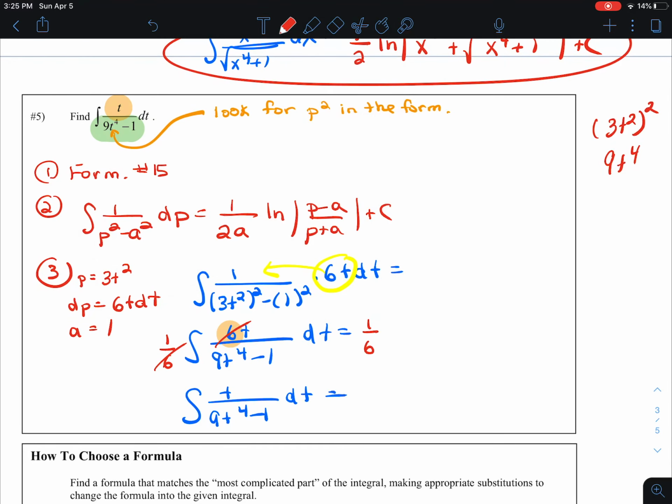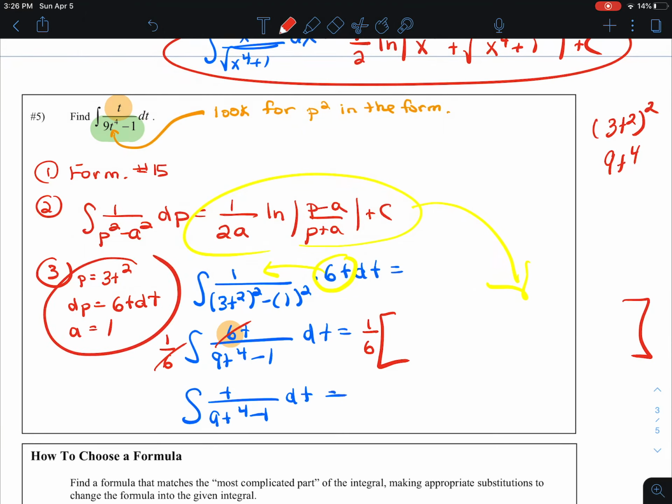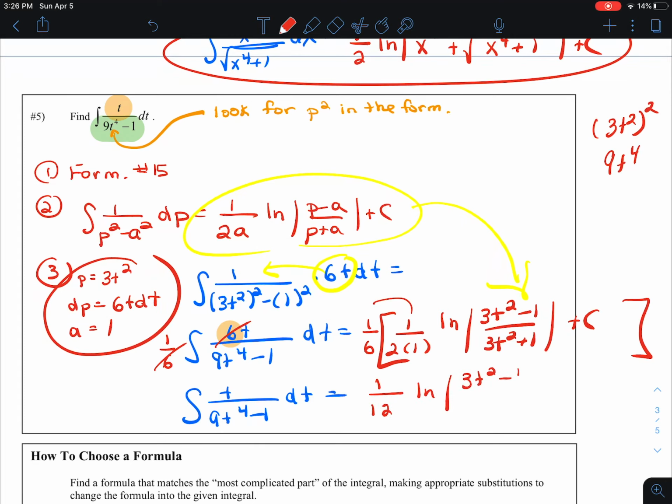So I can go back to the right side of my formula and show all those substitutions. I'm making these three substitutions. Be careful, your a is a 1. The p is a 3t squared. Then I'm going to distribute that 1/6, and that's going to make that a 1/12.